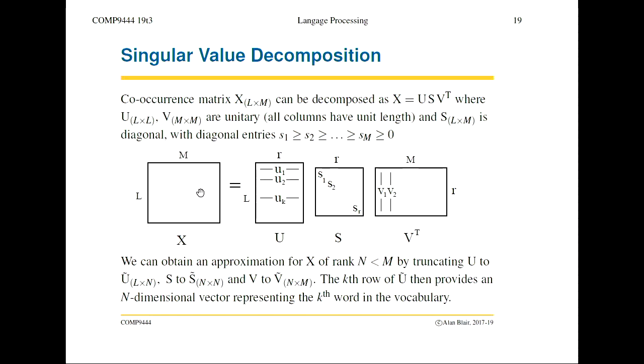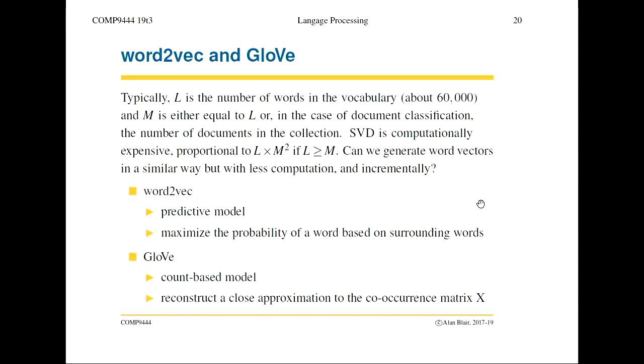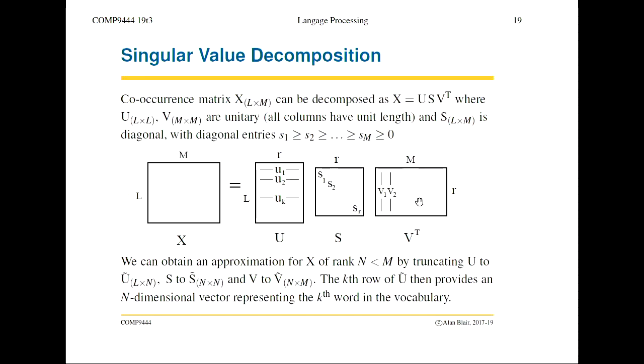Remember, this row was a 60,000 dimensional vector representing that word. If we choose R to be, say, 200, then this will give us a 200 dimensional representation of the kth word. And this is the basis of all this kind of word embeddings.